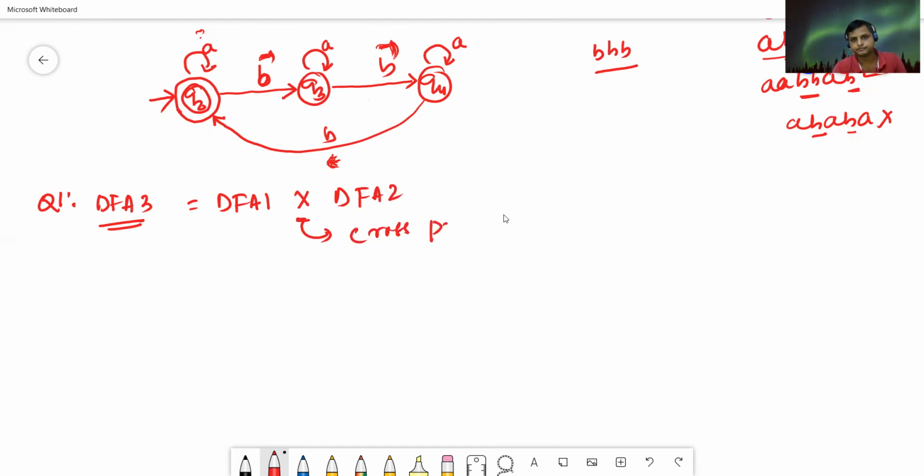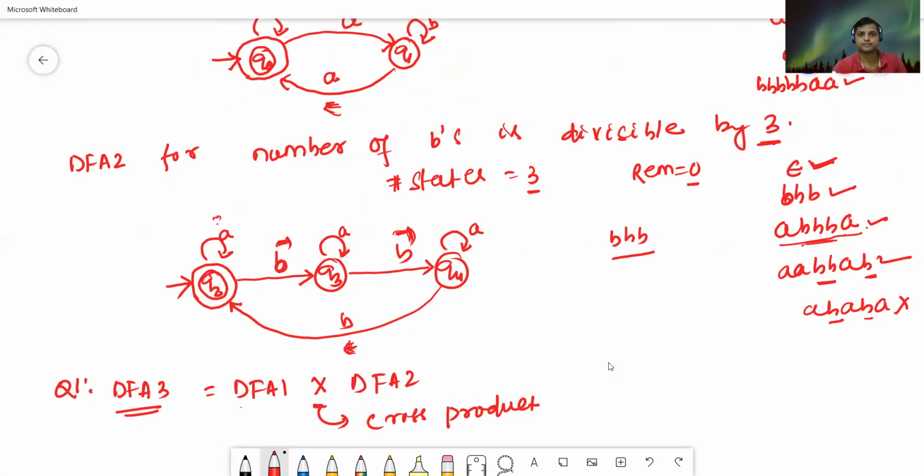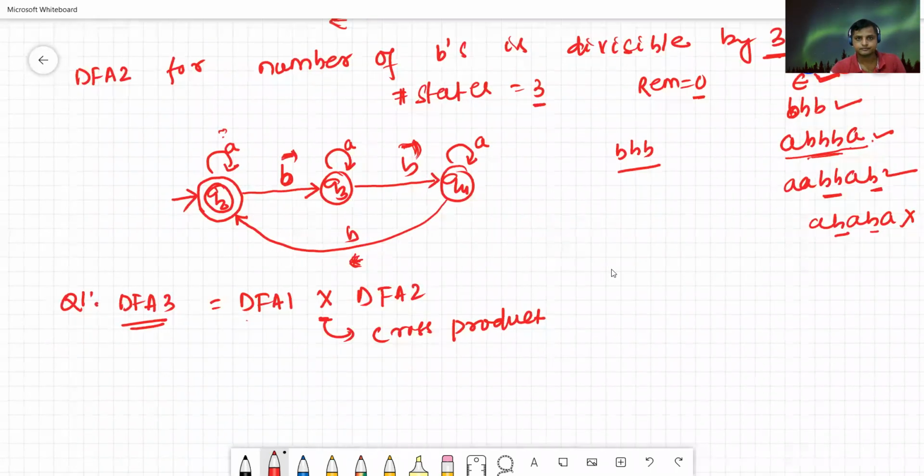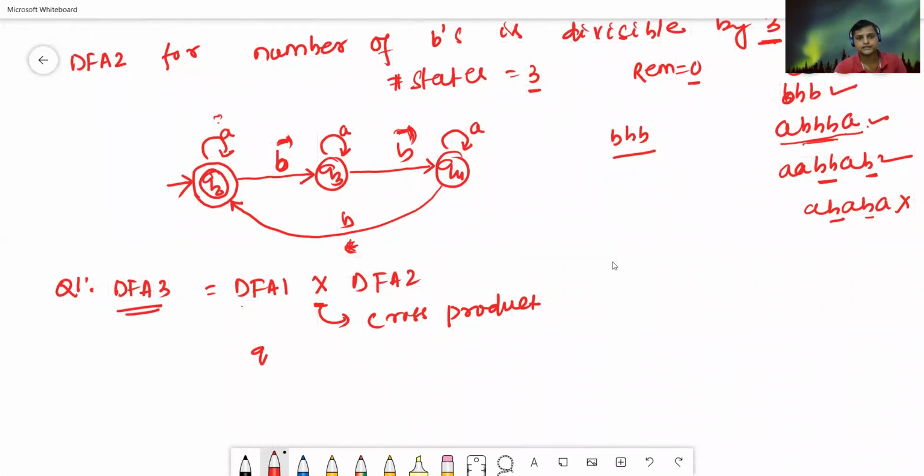Cross product means what? DFA 1 contains 2 states, Q0 and Q1. DFA 2 contains 3 states, Q2, Q3, then Q4.